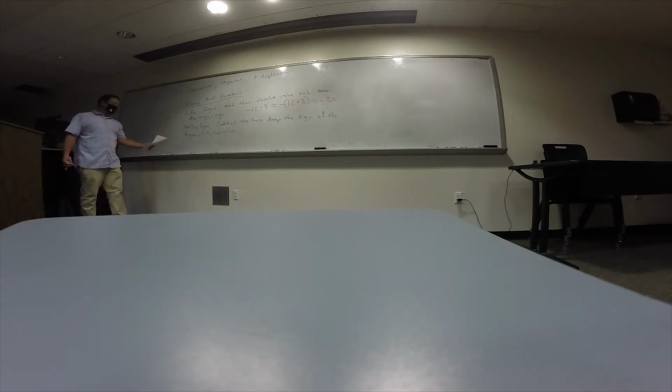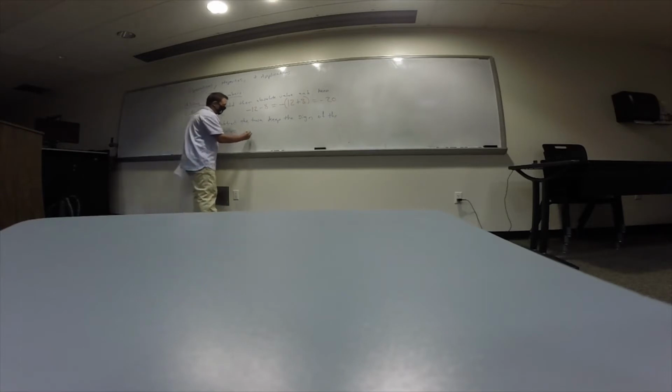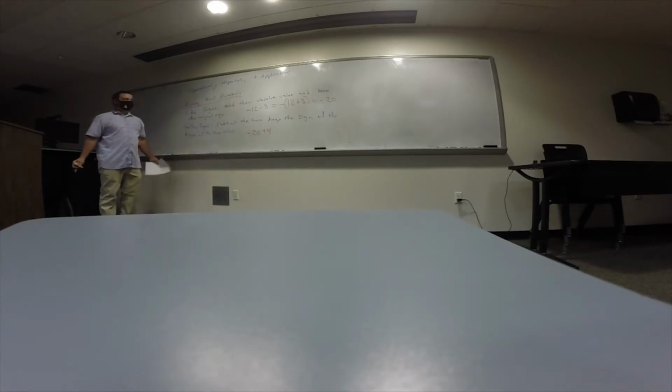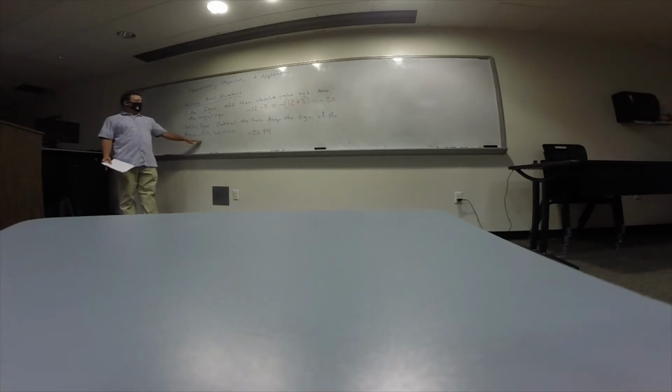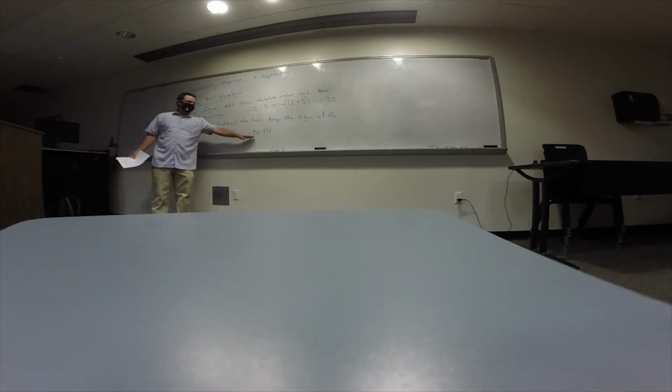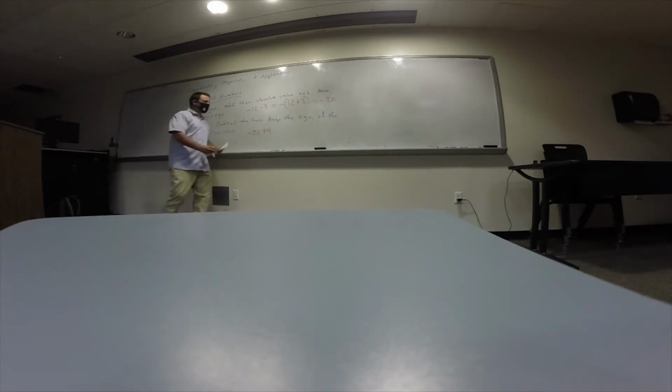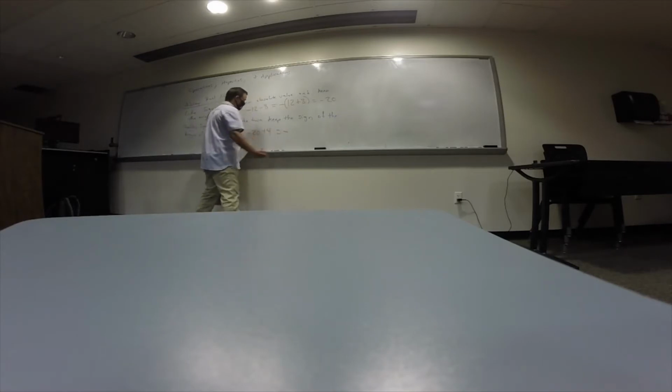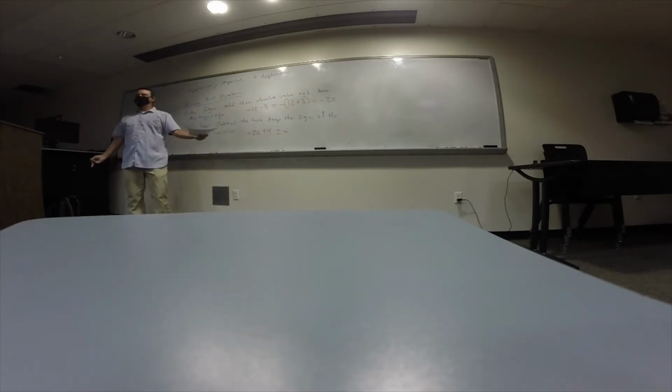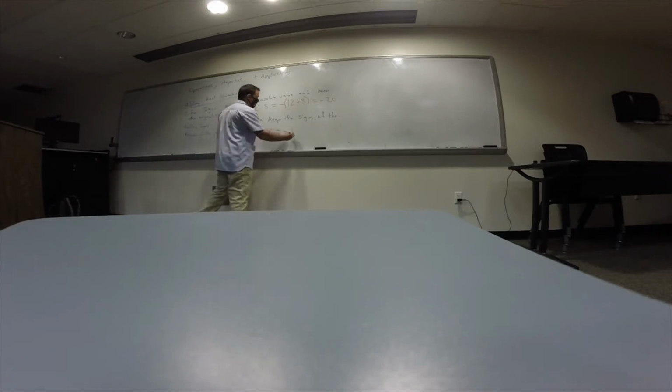Now, if we're looking at unlike signs, negative 20 plus 4. Basically you subtract the two and keep the sign of the larger value. 20 is larger, so we're going to keep the negative. 20 minus 4 is 16.